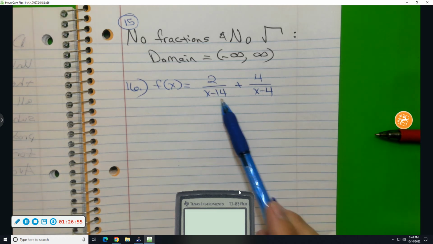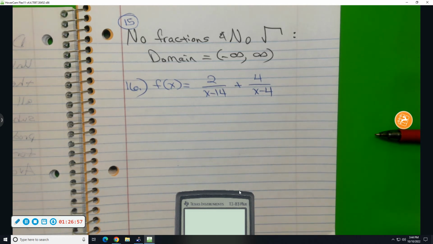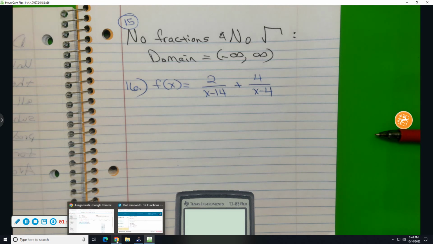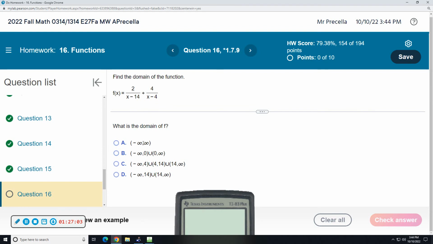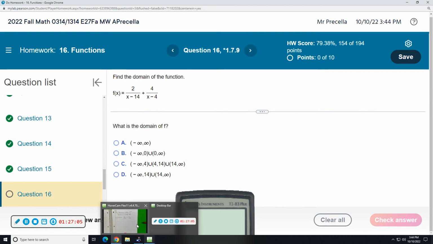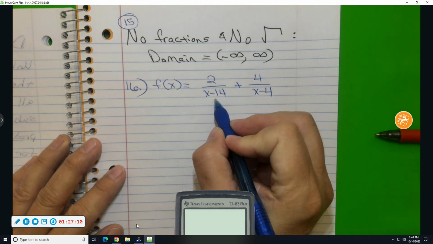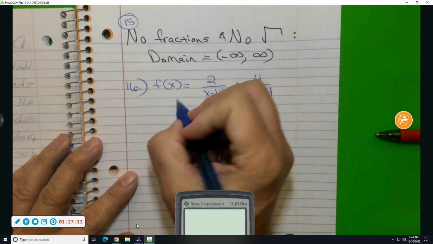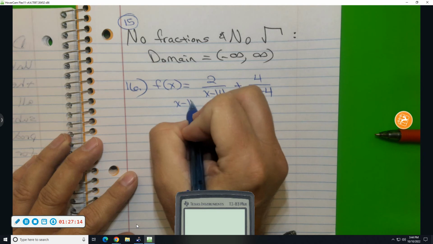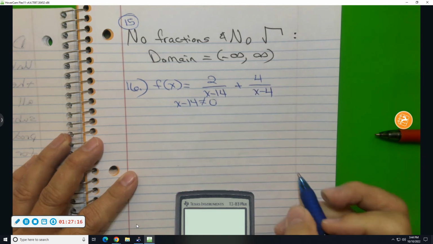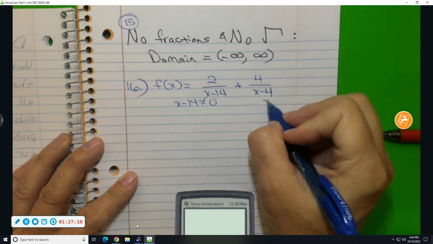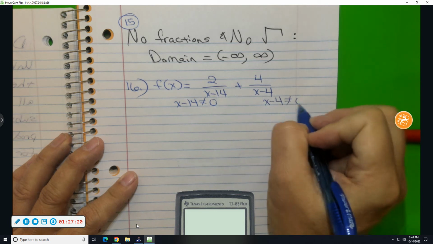Yes, because I see fractions. Let me make sure I copied that down. I thought that was an x plus 4, not an x minus 4. Did I write it down? No, that's right, okay. I thought I miscopied the problem. You don't want either denominator to equal 0. So to find the domain, x minus 14 can't be 0, and x minus 4 can't be 0.